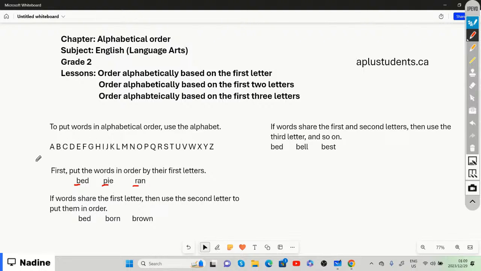So if we look at our alphabet, right? Then we first have B, then we have P, then we have R, which means that this is already put in alphabetical order. So it's first bed, then we have pie, and then we have ran, based on the first letter of each word.